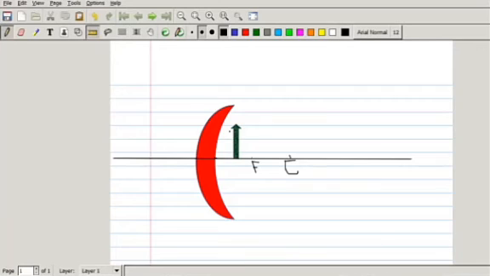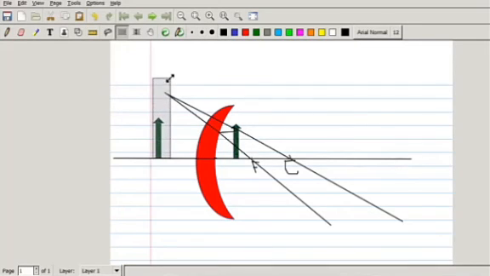Now let us place the object between P and F, that is pole or optical center of the mirror and principal focus. Now here also we will be considering two rays. One ray which passes through the center of curvature, after reflection it will be drawn backwards, and another ray which passes through the principal focus after reflection from the mirror, this will also be drawn backwards, and these two rays will meet at a point, and this is where we will get the image.